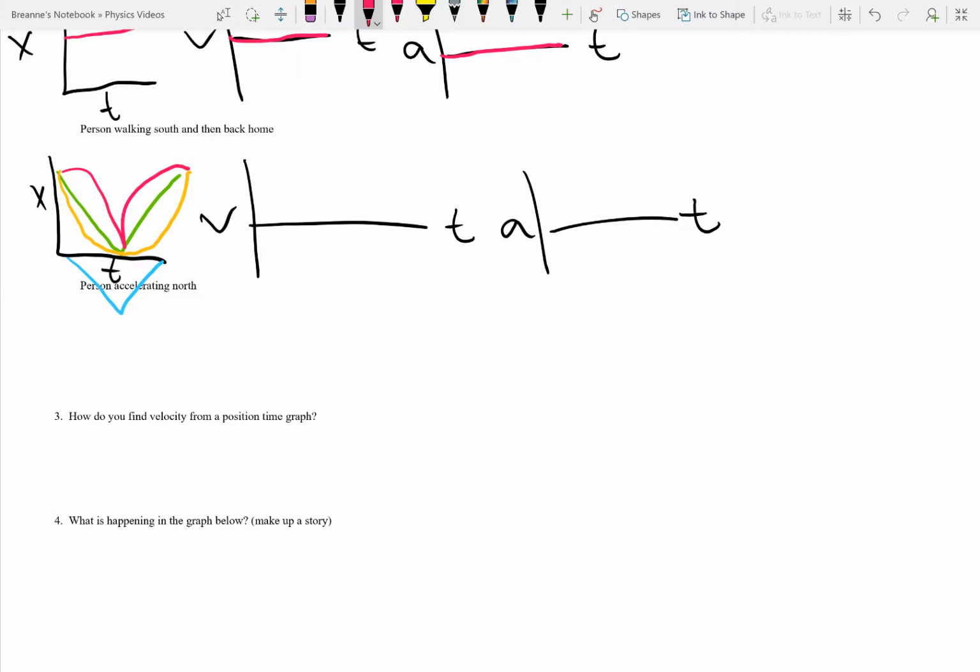Then you just have to deal with the velocity. So if we're looking at the pink one, you are speeding up to slow down. So you are speeding up in the negative. You're slowing down in the positive.